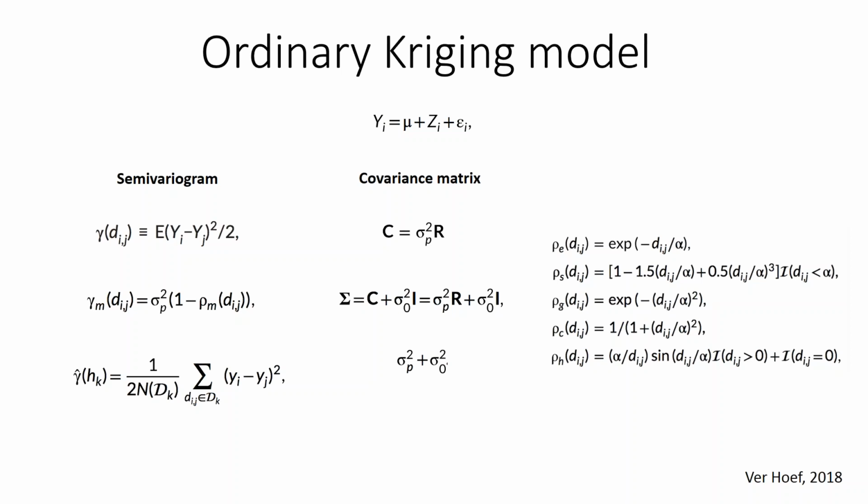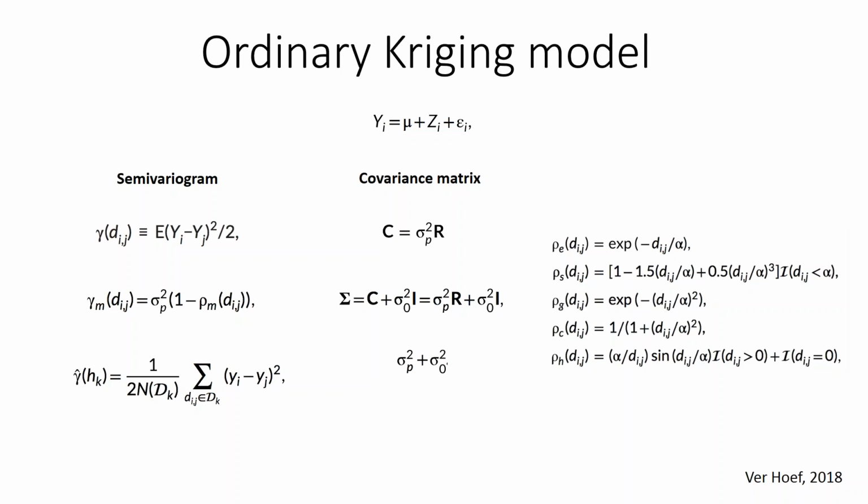In the next equation, gamma_m of d_ij is a general semi-variogram function, where rho_m is an autocorrelation model. On the right in the slides are the autocorrelation function models, for example the exponential function and the Gaussian function.